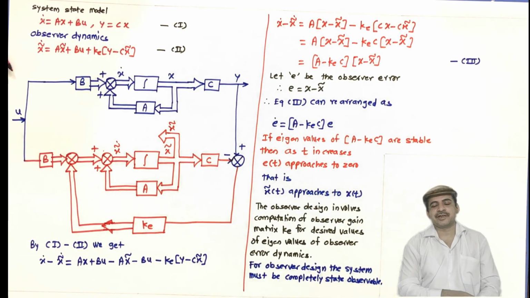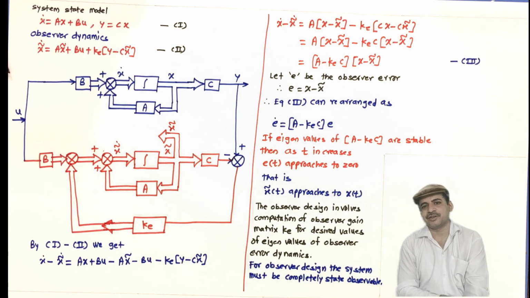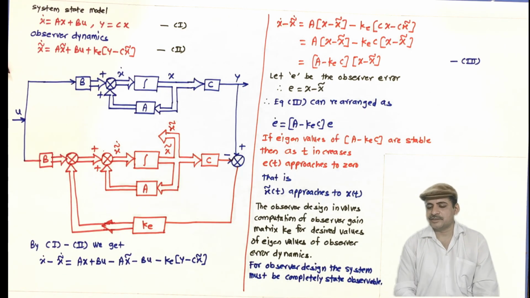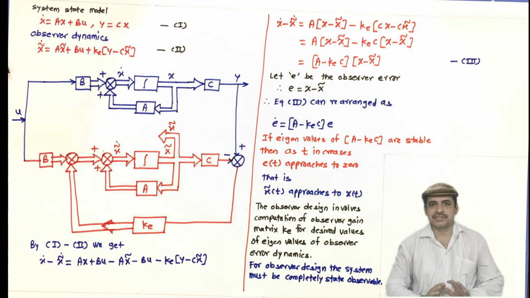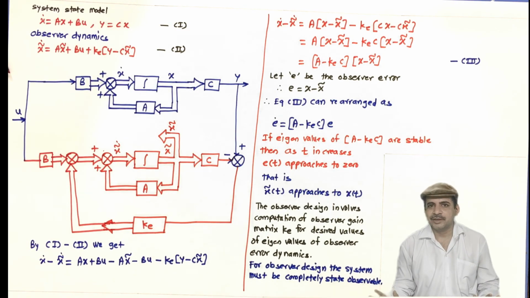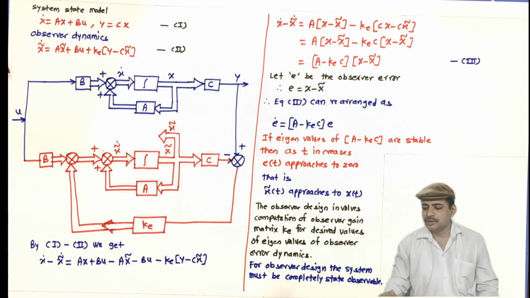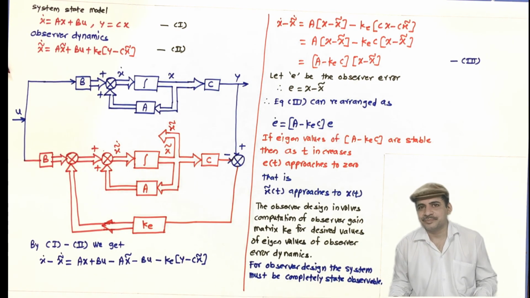So in pole placement the condition was system must be completely state controllable. Here the condition is system must be completely state observable. And if the system is completely state observable, we can find out Ke to have the desired eigenvalues of observer error dynamics. Now how to compute Ke?